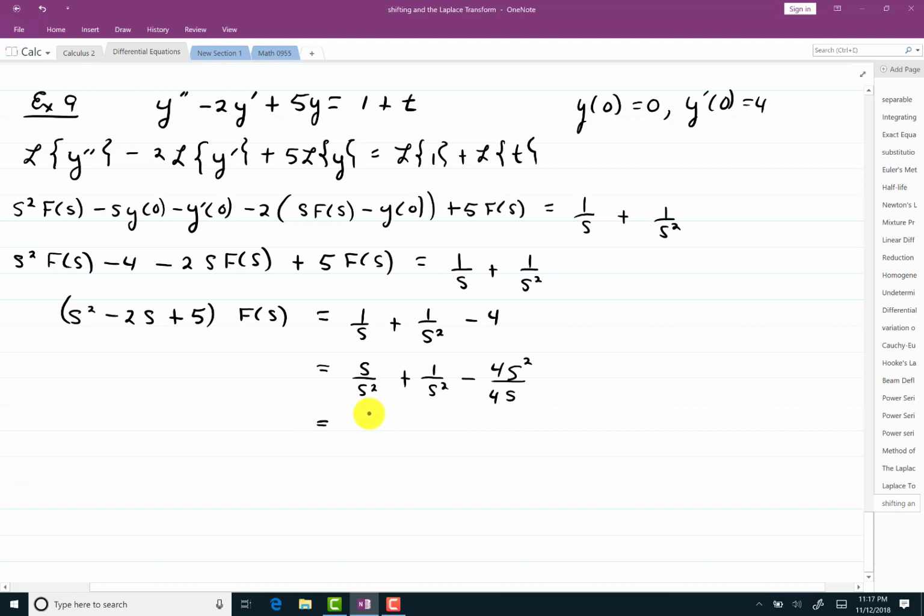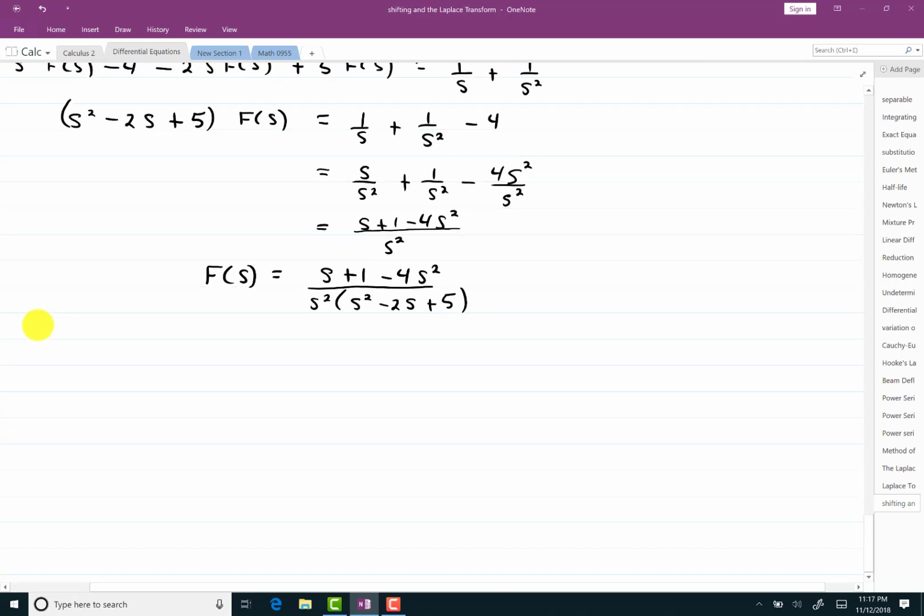So that gives me s plus 1 minus 4s squared all over s squared. So then when I go to solve for capital F of s, capital F of s will equal s plus 1 minus 4s squared divided by s squared times s squared minus 2s plus 5.